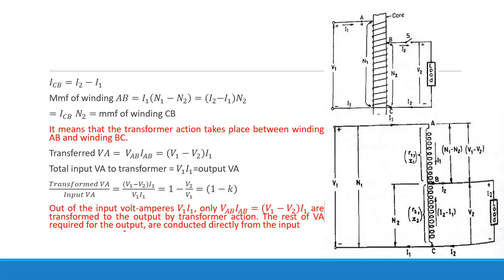Now let us try to understand more for this figure. So what would happen when you have connected supply? Your I1 starts flowing. What we are trying to understand is what would be the current in the winding when there is only one winding and it is serving the purpose of primary as well as secondary.